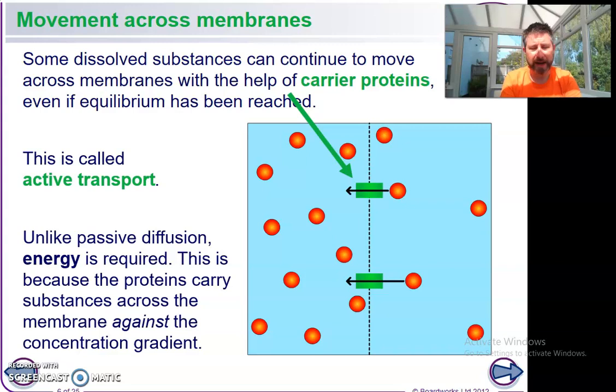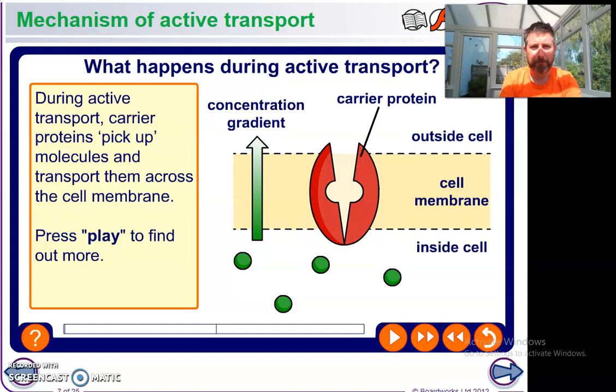Where do we get energy from? Energy comes from the process of respiration. So the particles that do this require lots of mitochondria, and they need mitochondria because that allows respiration to take place. So this is the movement from a low concentration to a high concentration. That's active transport.